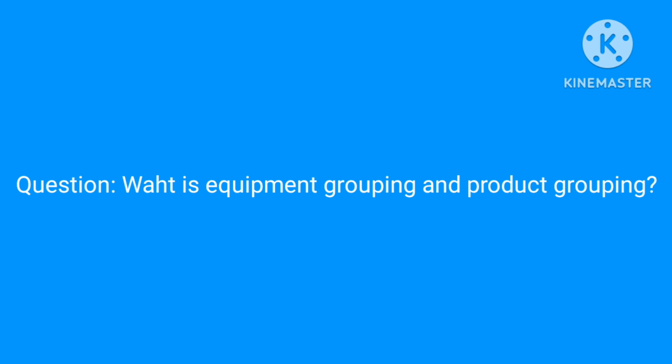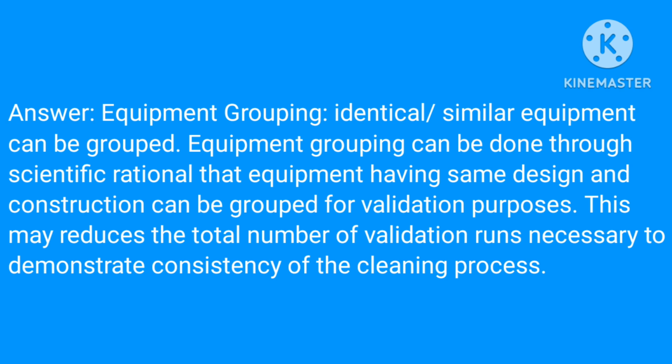Next question: what is equipment grouping or product grouping? Answer: for equipment grouping, identical or similar equipment can be grouped. Equipment grouping can be done through scientific rationale. Equipment having the same design and construction can be grouped for validation purposes.